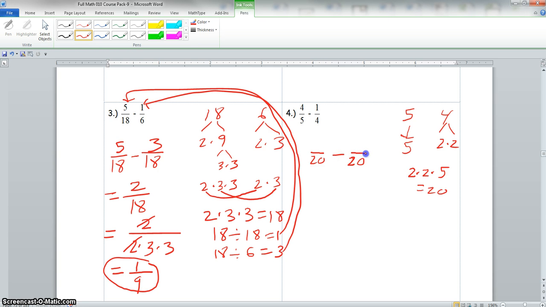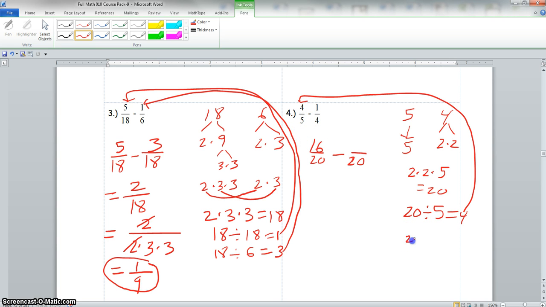And now again, we take the new denominator divided by the old denominator, or the original denominator. 20 divided by 5 is 4. So we would take this 4 and multiply it by this numerator. 4 times 4 is 16.